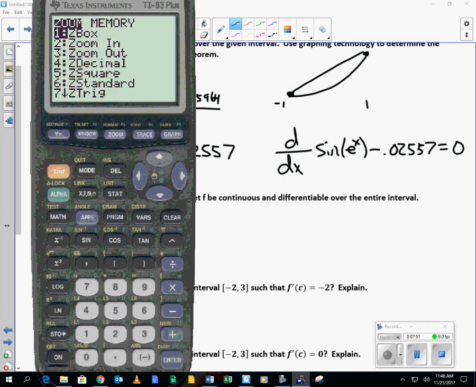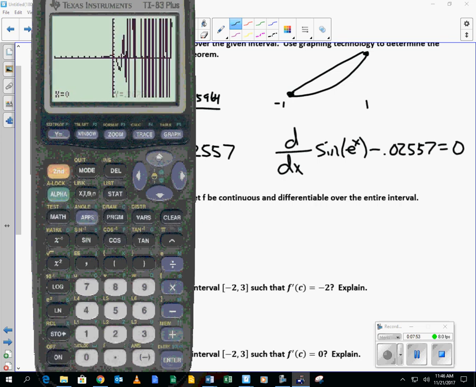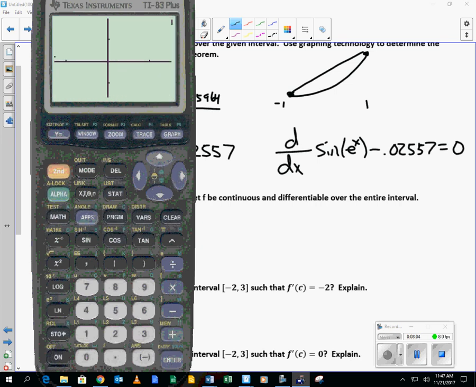I'll zoom in as a box so I can see even better. So as I go to -1, and I'll scroll down, and I'll go over, I'm going to go past +1, and let's see if this graph crosses between -1 and +1, and that would be the solution to my equation.